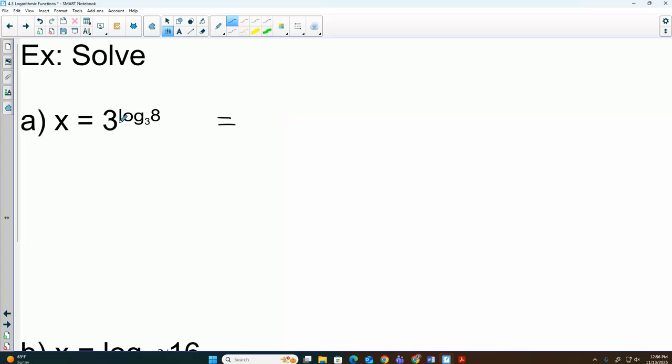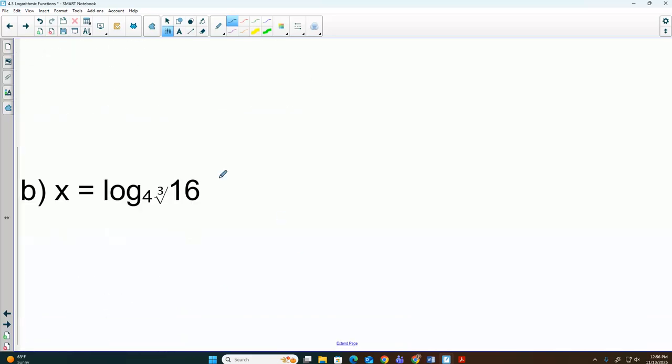If you use your properties, 3 and the log base 3 just cancel. So we just get 8. So if you recognize those, it saves you a lot of time.